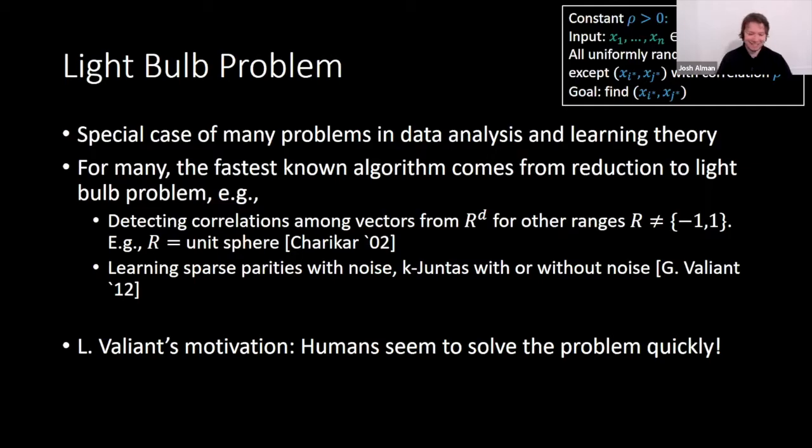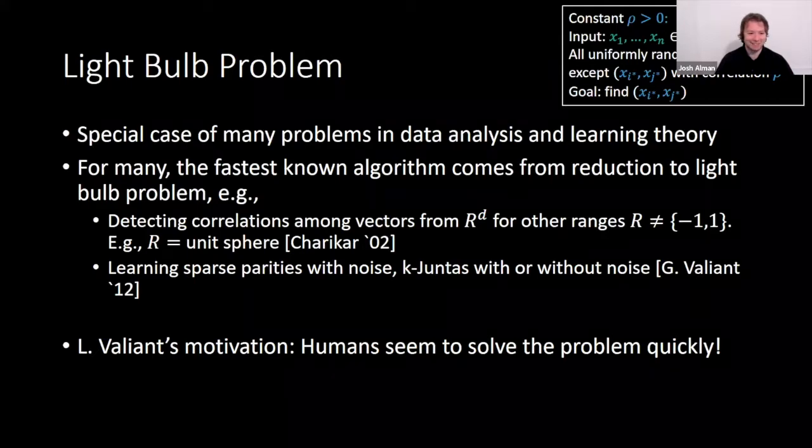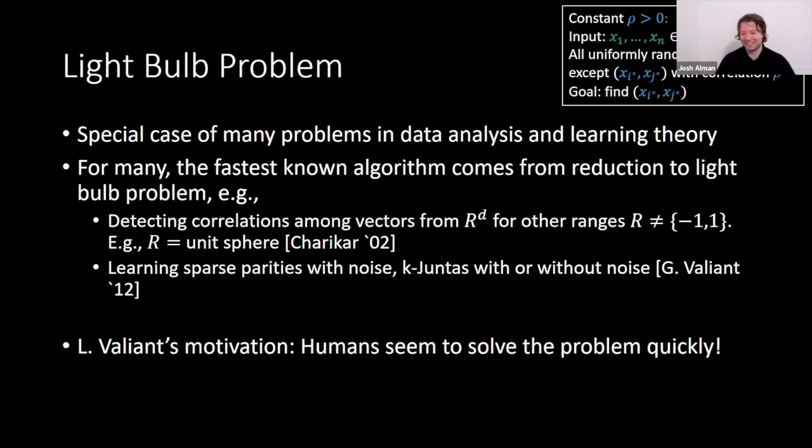Humans seemed to be able to look and pretty quickly detect which pair of light bulbs were correlated with each other. So Les Valiant introduced this to try to initiate an algorithmic study of why it is that people are able to do this so well. Okay, so that's why it's called the light bulb problem.